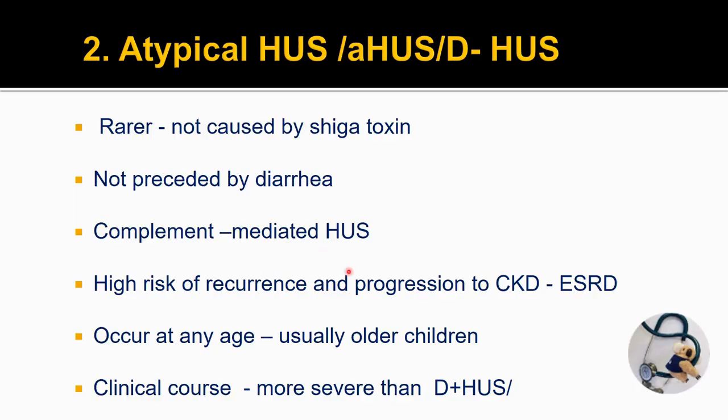In this type of HUS, there is a high risk of recurrence and progression to chronic kidney disease and end-stage renal disease. So the prognosis is worse if the child has atypical HUS, but this is uncommon. It can occur at any age, and usually it occurs in older children than younger children. The clinical course is more severe than D plus HUS.